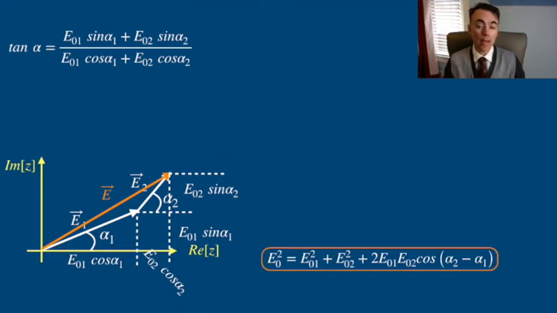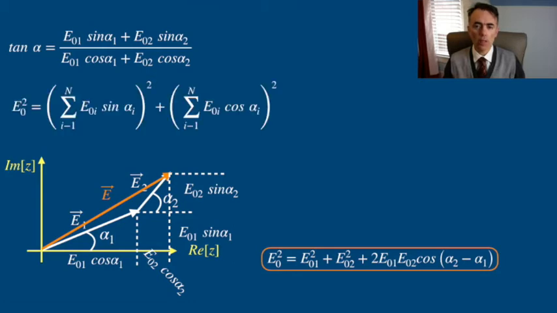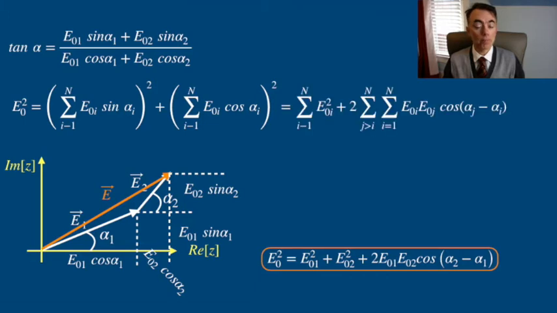This you can generalize to the sum of n electromagnetic waves as E0 squared equal to the square of the sum of E0i sine of alpha i plus the square of the sum of E0i cosine of alpha i. This can be rearranged as the sum of E0i squared plus 2 times the sums of E0i E0j cosine of (alpha j minus alpha i).